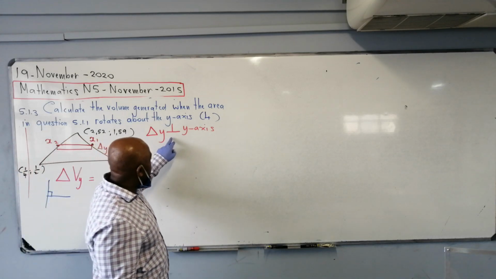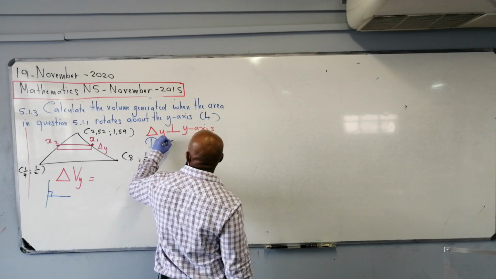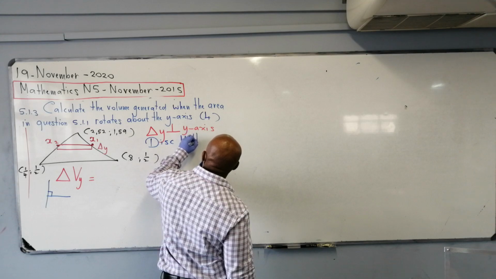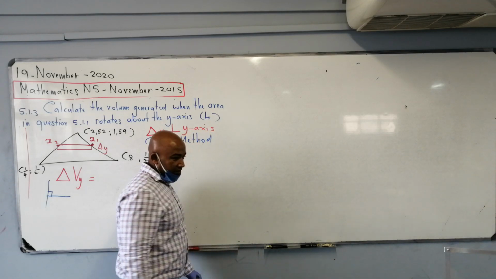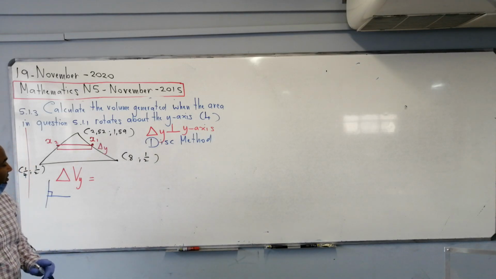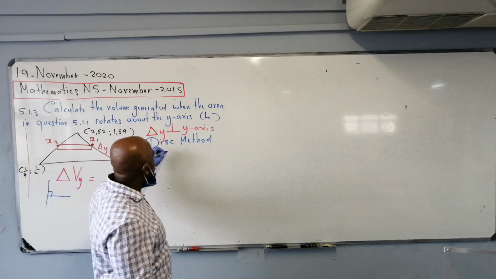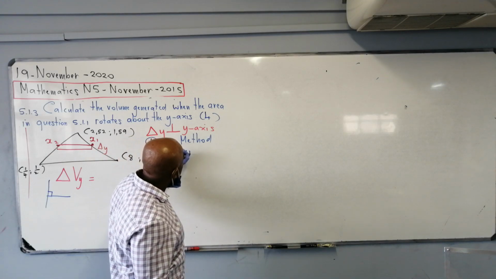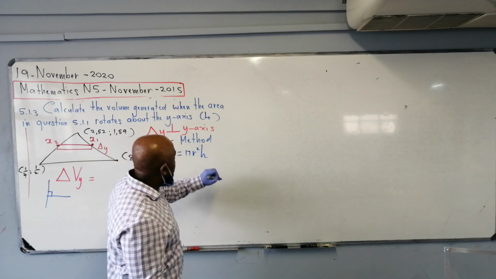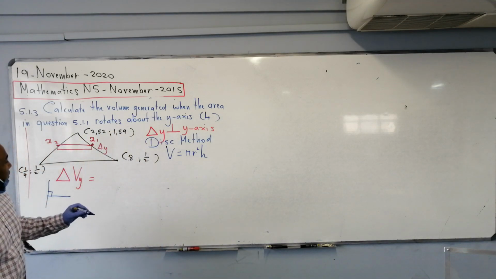So, if delta y is perpendicular to the y-axis, then we are using the disk method. Alright, the other method is called the shell method, that is not in N5. Right, so with this method, volume is equal to pi r squared h, area of base times perpendicular height.